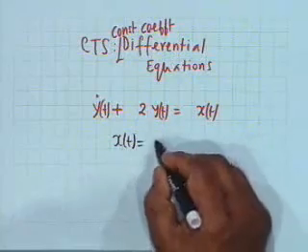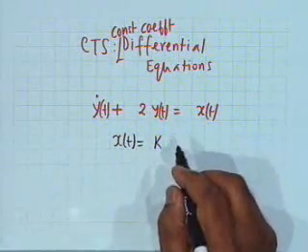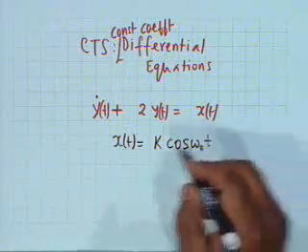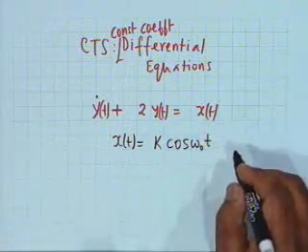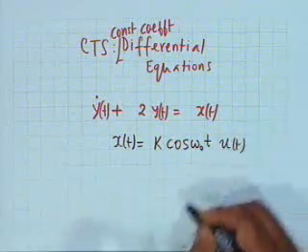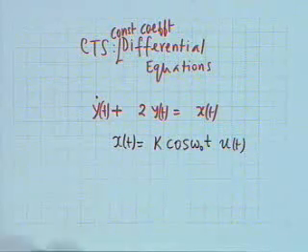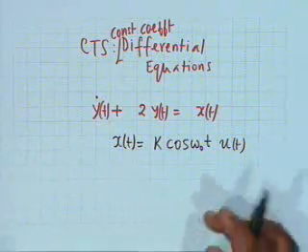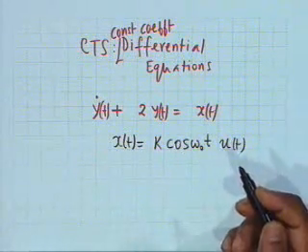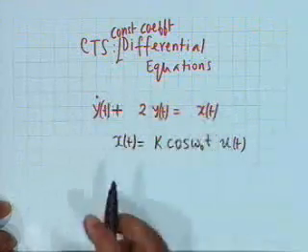Let's say x of t is k cosine omega 0 t, a sinusoidal input. Please follow this carefully, I'll go real slow on this because there are very involved concepts. Times u of t. That is, we have an input x of t which is 0 for t less than 0, and it varies cosinusoidally after t equal to 0. At t equal to 0, the value is k. We wish to find out the response of the system described by this differential equation.